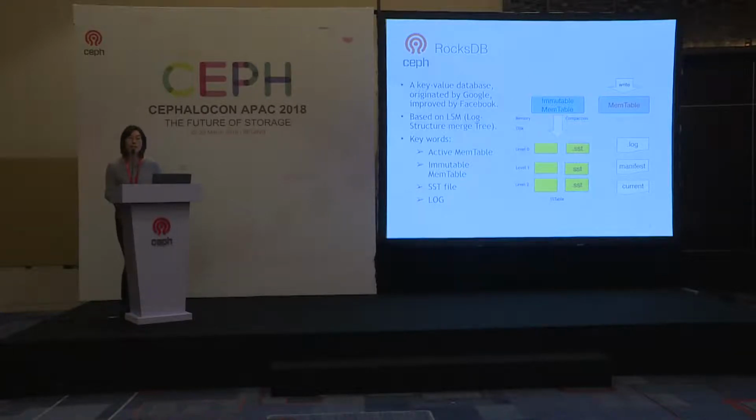When we insert a key-value pair into the memory table, it will be sorted. Once the active memory table is full, it changes the active memory table into an immutable memory table and creates another active memory table for later write requests.